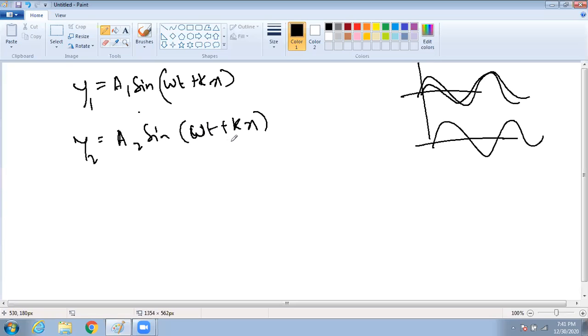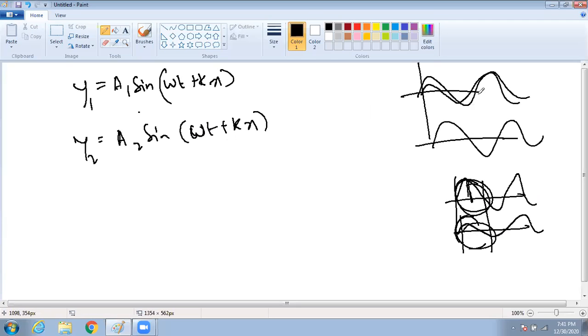Frequencies are the same. They are the same frequency. One is like this, one is smaller, but the same frequency. That means in 1 second, the same number of crests is there for both. The only thing varying is the amplitude. Clear?